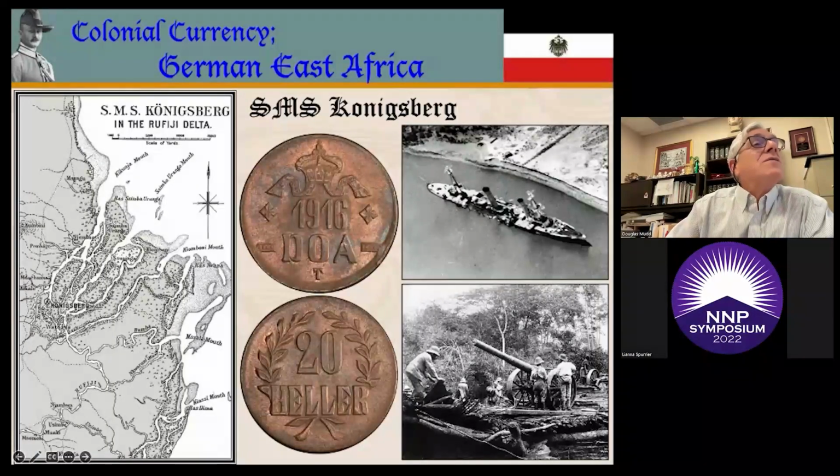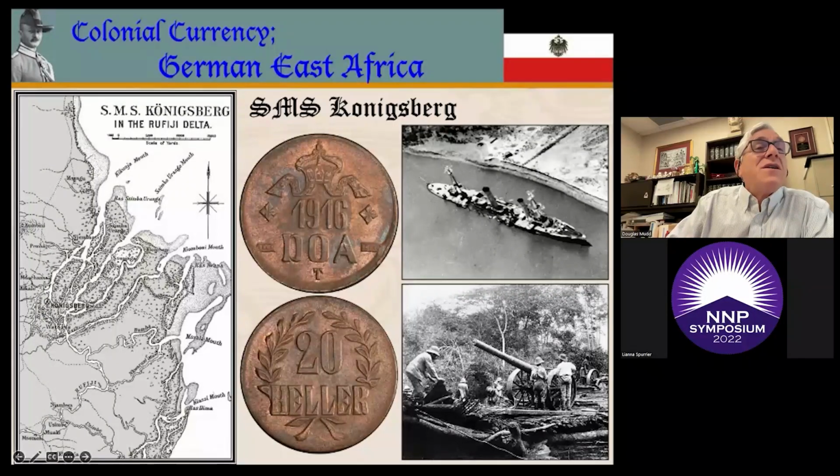And here's some shots of the different parts of the campaign. You see the Königsberg on the upper right, listing as it had been pounded into sinking onto the riverbed at that point. One of the guns, down to the lower right, appears with its field mounting.